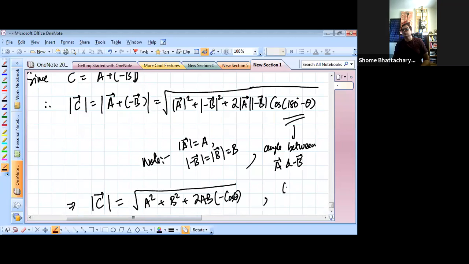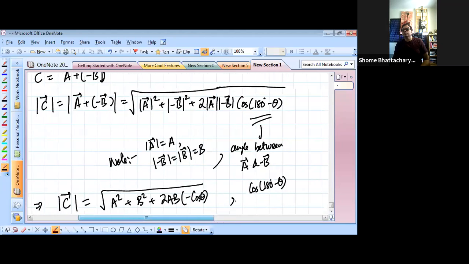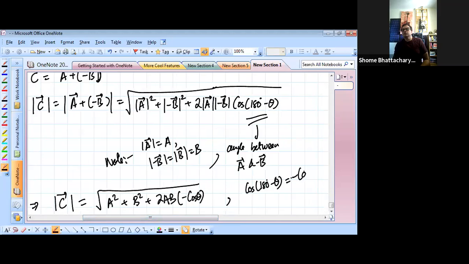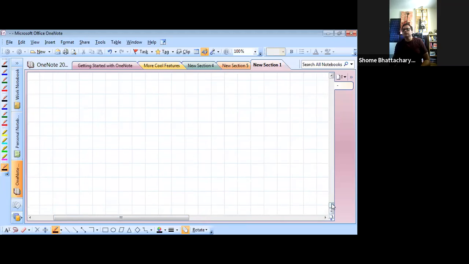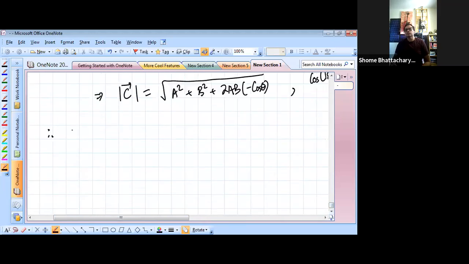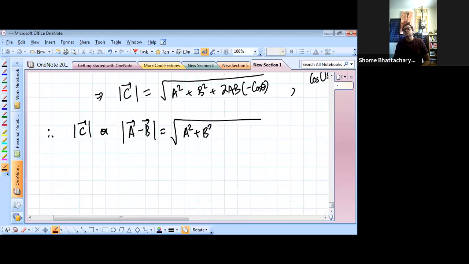So here we are making use of the fact that cos of 180 minus theta is nothing but minus cos theta. So from that we get this important formula. The magnitude of A minus B is root of A square plus B square minus 2AB cos theta.